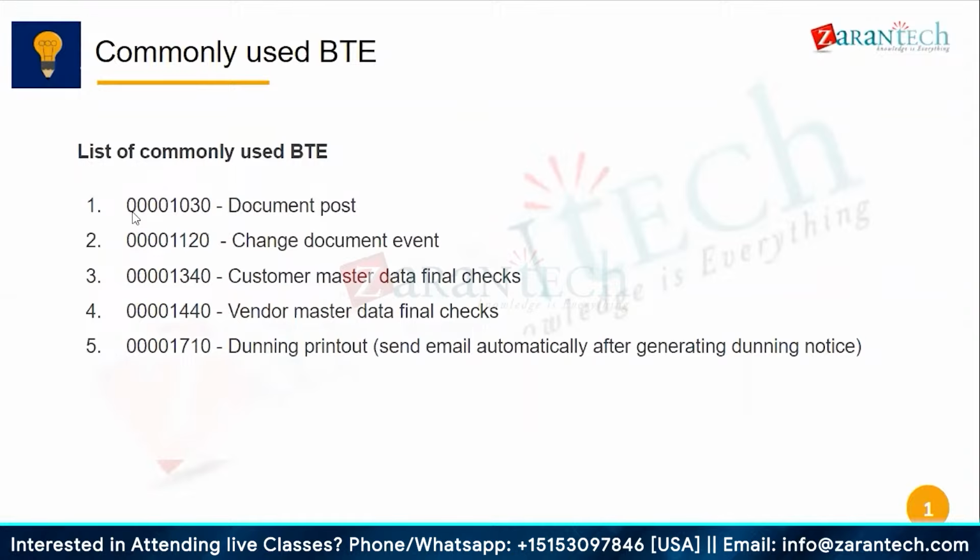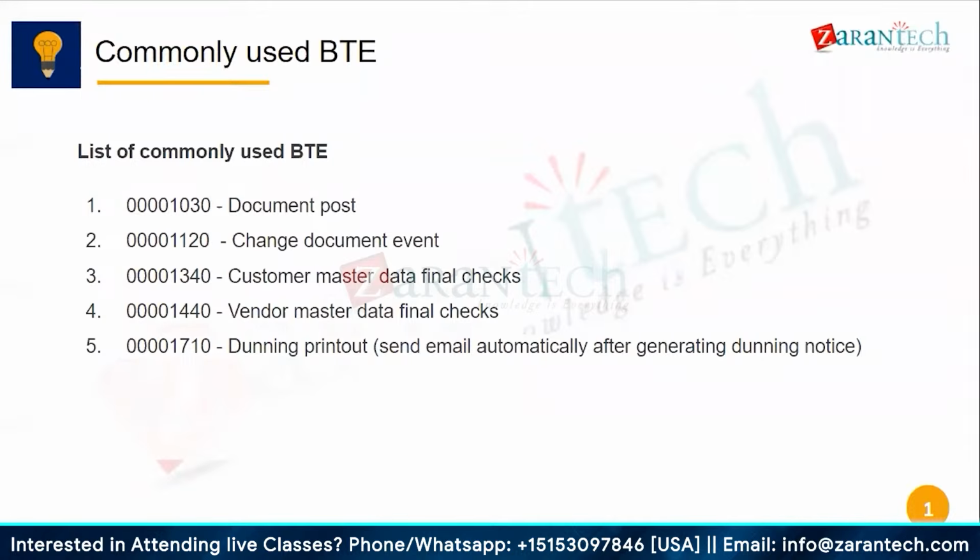So basically, during the course of substitution, there might be cases where, let's say, you want to derive some values based on the document number which has not got generated yet, right? The document number will only get generated once the document gets posted, right? So if you want to derive some values based on the document number, let's say you want to put that document number combined with the tax ID or something like that in the assignment field.